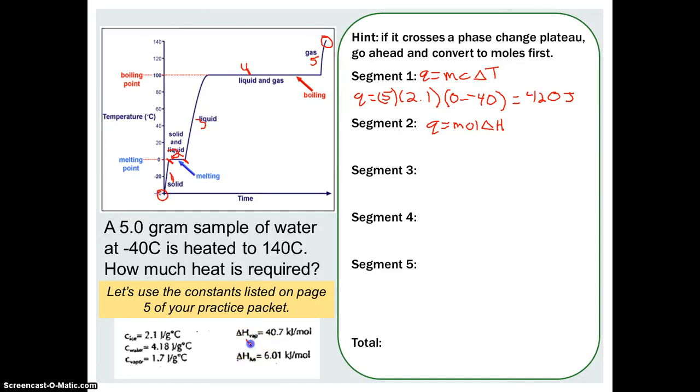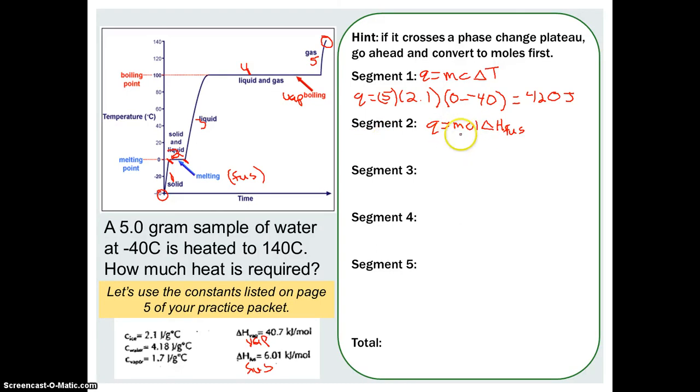One says vap, and the other says fus, for fusion. Melting is where you use fus. Boiling is where you use vap, for vaporization. So here I'm going to use delta H of fusion. Now I just plug it in.